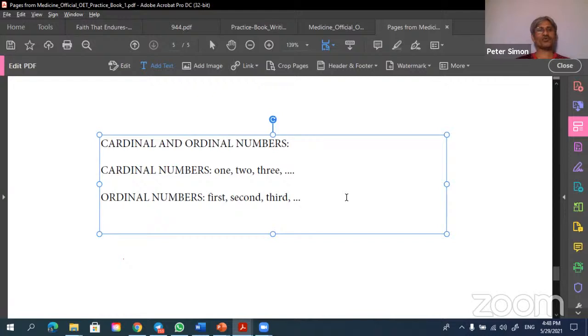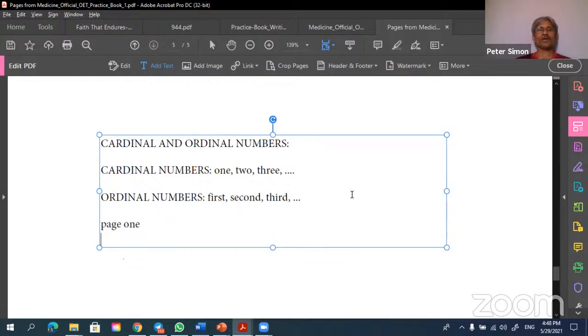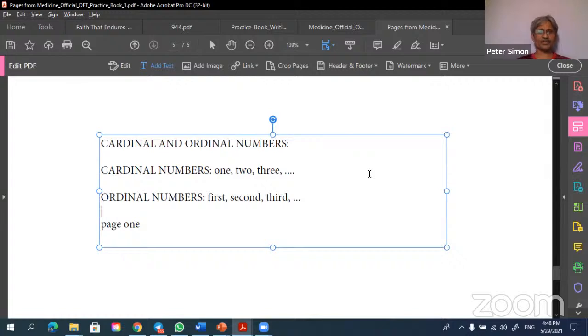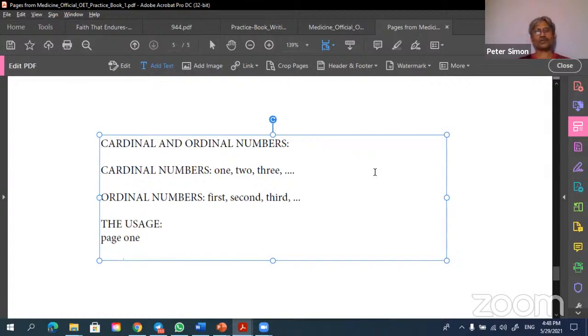If you say page 1, when this is a cardinal number, it's just the number as it is. So the usage, number 1. Now let us see cardinal numbers.